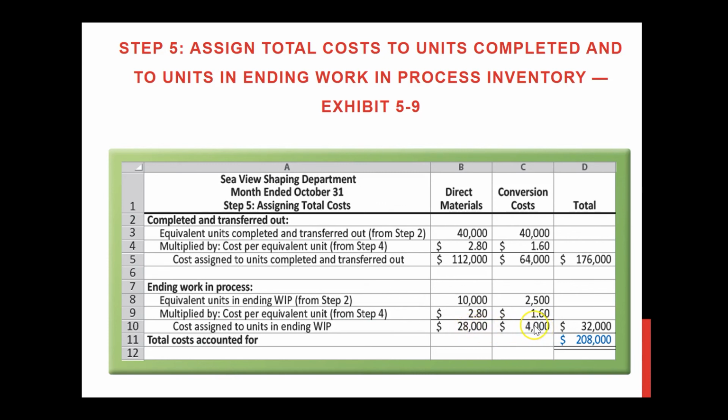Now if we add these two, we will find that the cost assigned to the ending work in process together is $32,000. Now we will add these two costs, 176,000 plus 32,000. The total cost is 208,000.